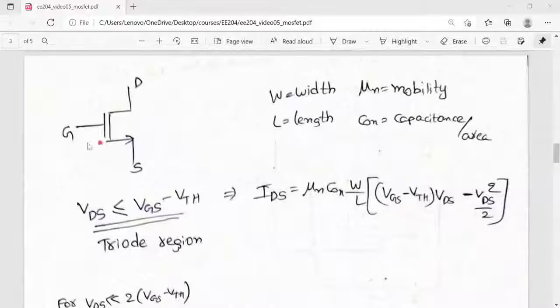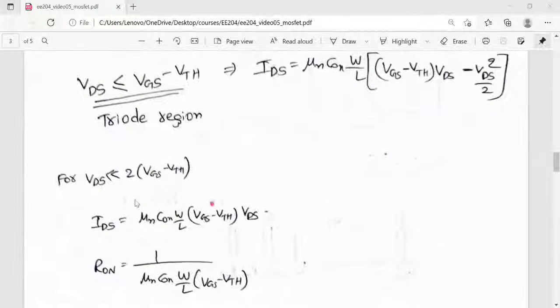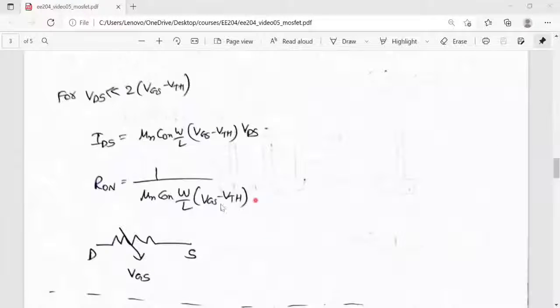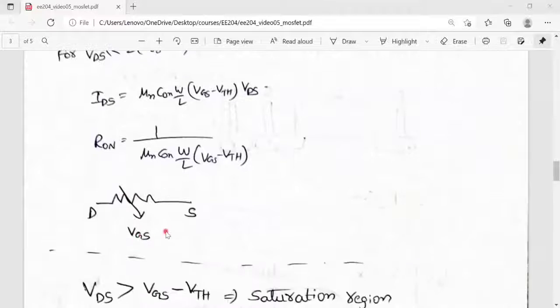VGS is voltage across gate and source, and VDS is voltage across D and S. When we take this approximation, we can take this term as higher than this, then we can consider this transistor as a resistor whose resistance we can change with the VGS.